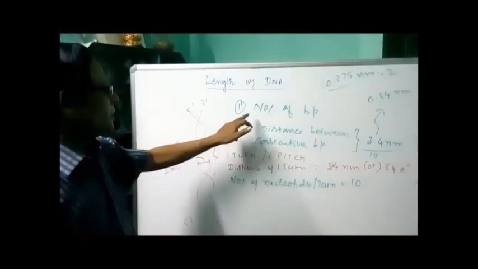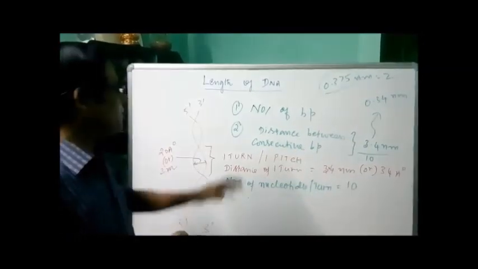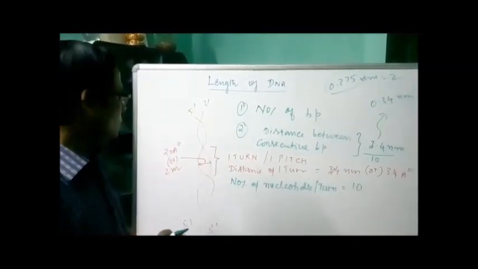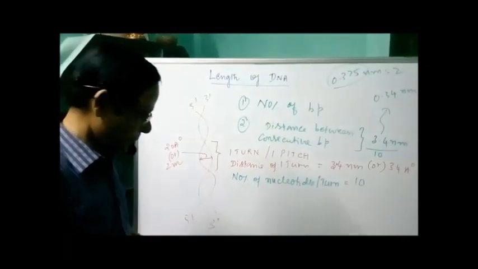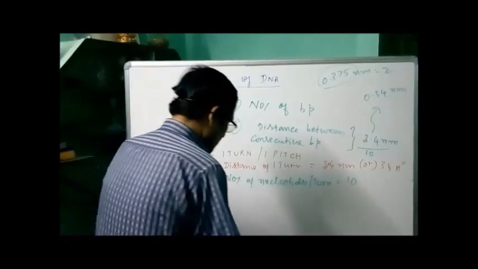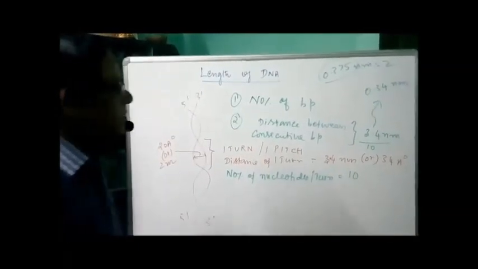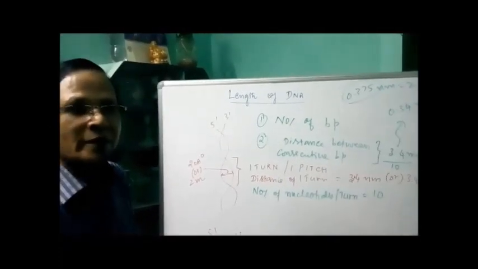So we need the number of base pairs and the distance between consecutive base pairs, which we already calculated. These are the two criteria to calculate the length of DNA. Now I'll take the length of double helix DNA in a human or mammalian cell.